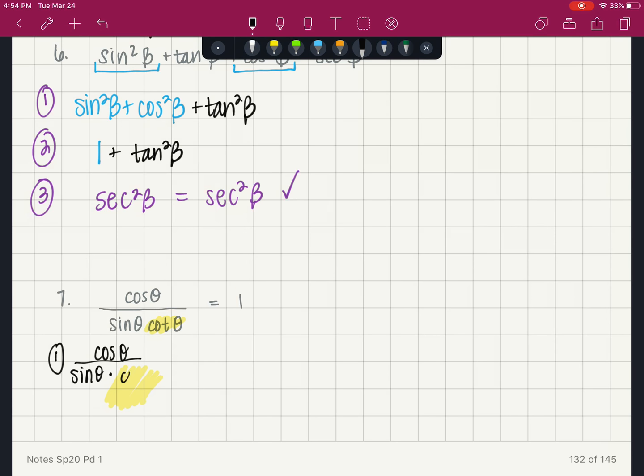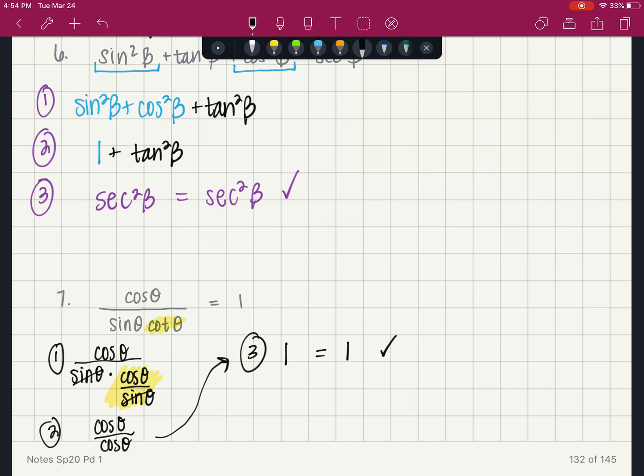So cotangent is cosine over sine. Then I'm going to multiply that. The numerator is going to stay the same, but I'm going to multiply that denominator out. Sine cancels out with sine, and I've got cosine of theta. And then step 3, 1 equals 1.